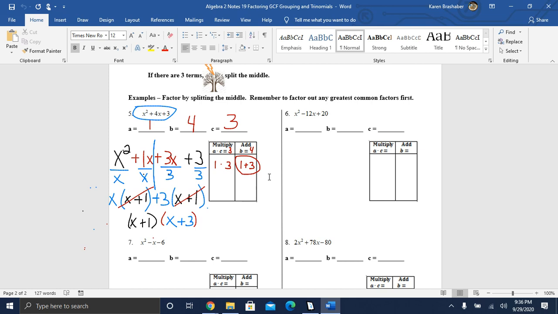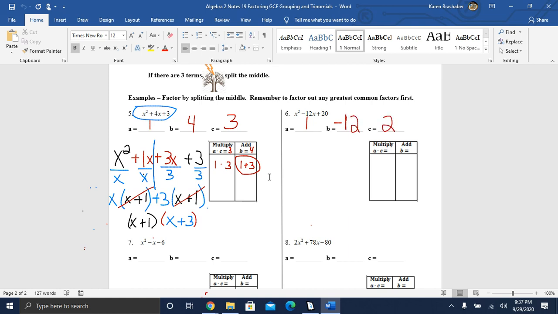So now we're just going to practice this method. You have to watch positives and negatives. So let's go on with problem number 6. So first of all, you're going to identify your a, b, and c. A is going to be the number in front of x squared. It's a 1. B is going to be your number in front of x. It's negative 12.